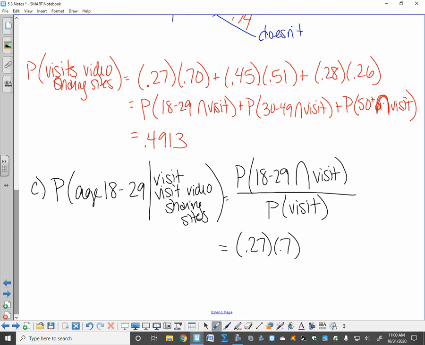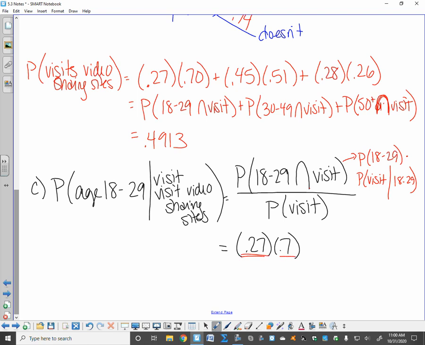And this is the same thing as if this were to come up on a multiple choice question: this and formula is the probability that you're 18 to 29 times the probability that you visit, given that you're 18 to 29. And that's what these two numbers are.